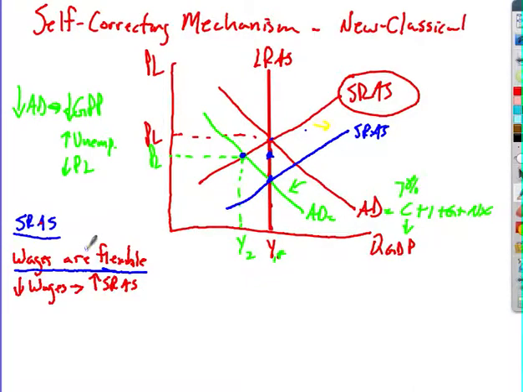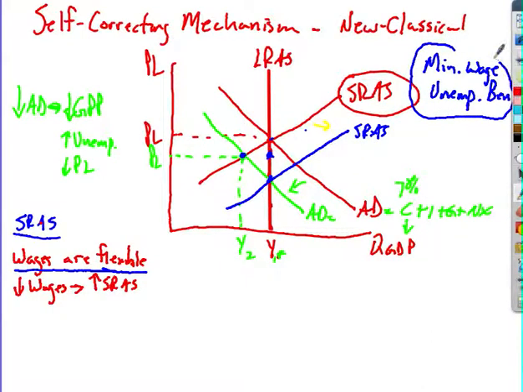Now, the other argument is that wages aren't as flexible downward right now because we have things like minimum wage and we have things like unemployment benefits. So in purely a theoretical model, if we got rid of these things, then wages would be more flexible downward.